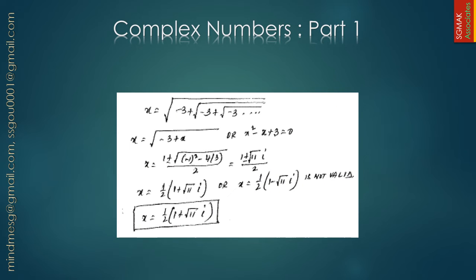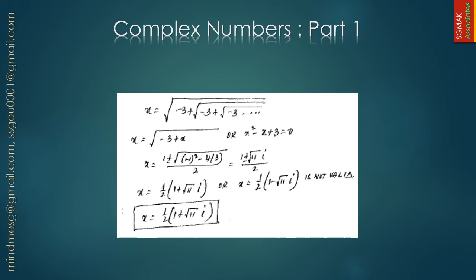X is given as a repeating expression: square root of minus 3 plus square root of minus 3 plus, again square root of minus 3, infinite series. As you can see the repeating pattern, you can write x is square root of (minus 3 plus x). Squaring both sides, you get x squared minus x plus 3 equals 0.